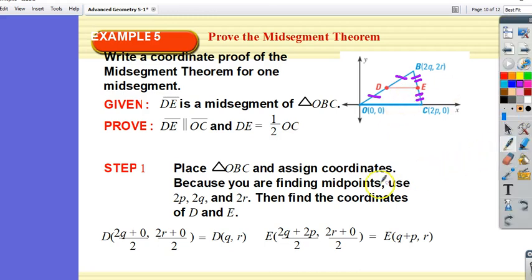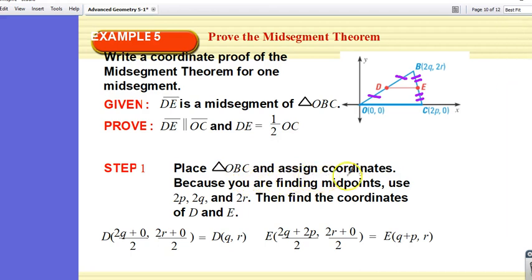All right, so what do we know? You're finding the midpoints. Use 2P, 2Q, and 2R, then find the coordinates of D and E. So they put coordinates on here, right? If I was finding the midpoint, I add my x's, divide by 2, add my y's, divide by 2. So 2R divided by 2 is R. 2Q plus 2P divided by 2 is Q plus P, right?